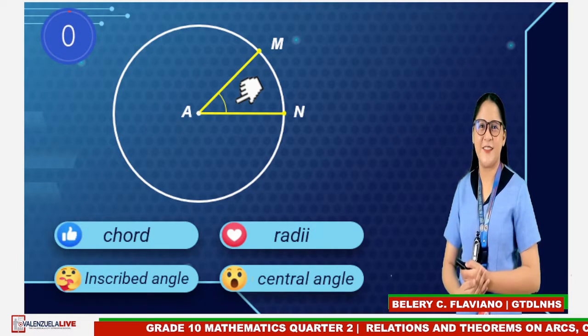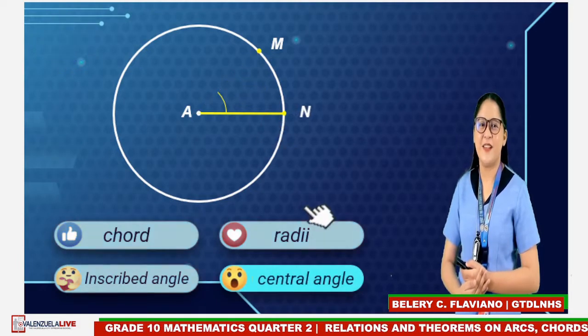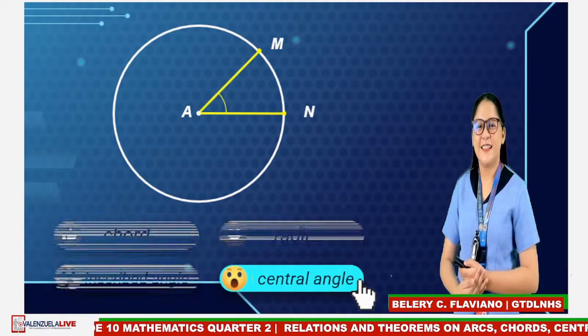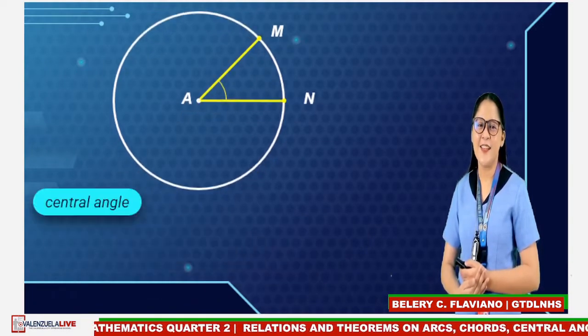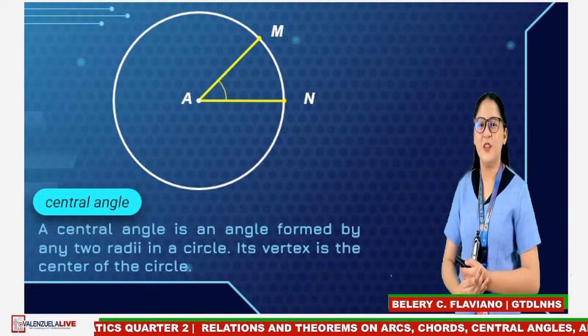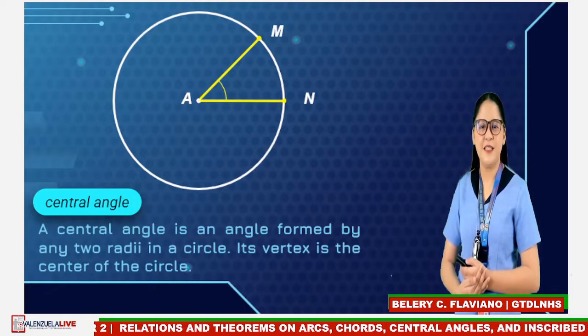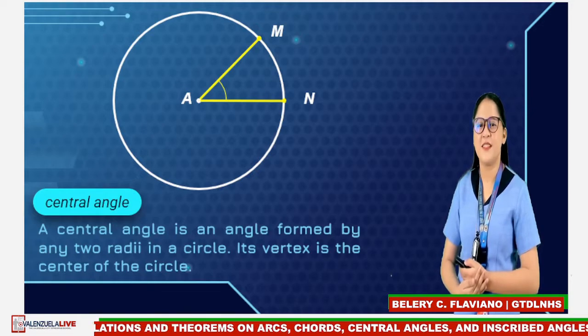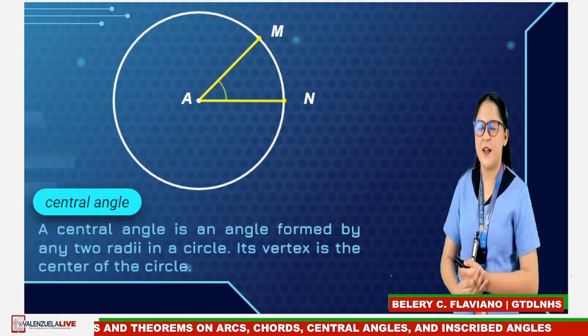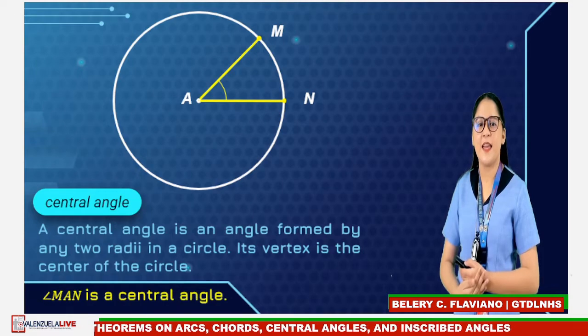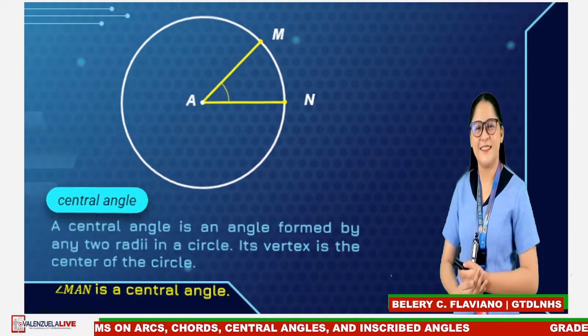Time's up, and the correct answer is central angle. A central angle is an angle formed by any two radii in a circle. Its vertex is the center of the circle. In this figure, angle MAN is a central angle.